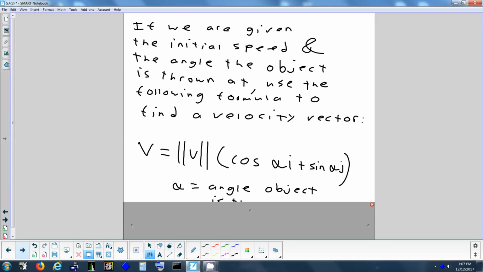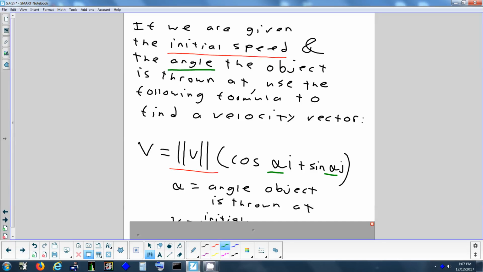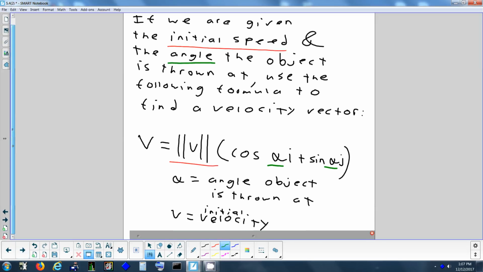So you're going to be given two things though. The initial speed that you throw the object at, that's what I just underlined in red, and the angle you throw the object at. That's what I underlined in green. So angle the object is thrown at, and initial velocity.